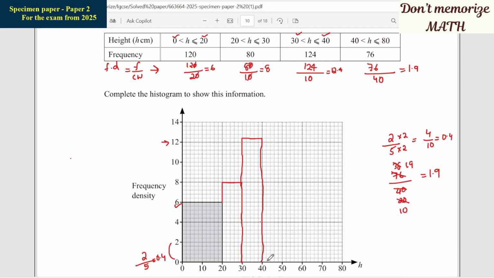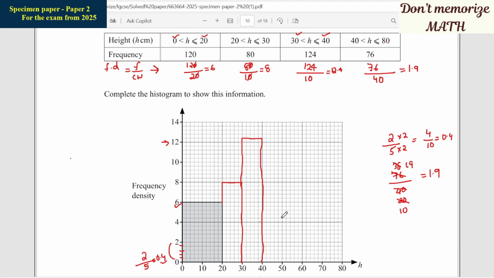So we'll find where 1.9 is. So first line is 0.4, then we have 0.8. So 0.8 plus 0.4 is 1.2. Then 1.2 plus 0.4 is 1.6. Okay, then we have 2. 1.6 plus 0.4 is 2.